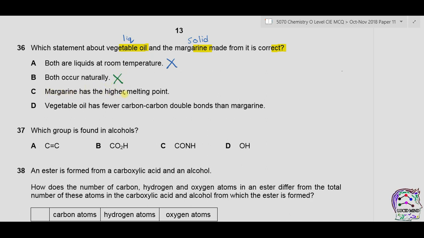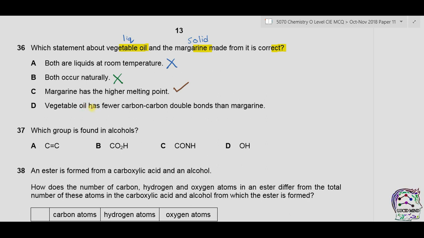C. Margarine has the higher melting point. This is true because margarine is solid as compared to vegetable oil, so therefore the melting point of margarine should be more. D. Vegetable oil has fewer carbon-carbon double bonds than margarine.